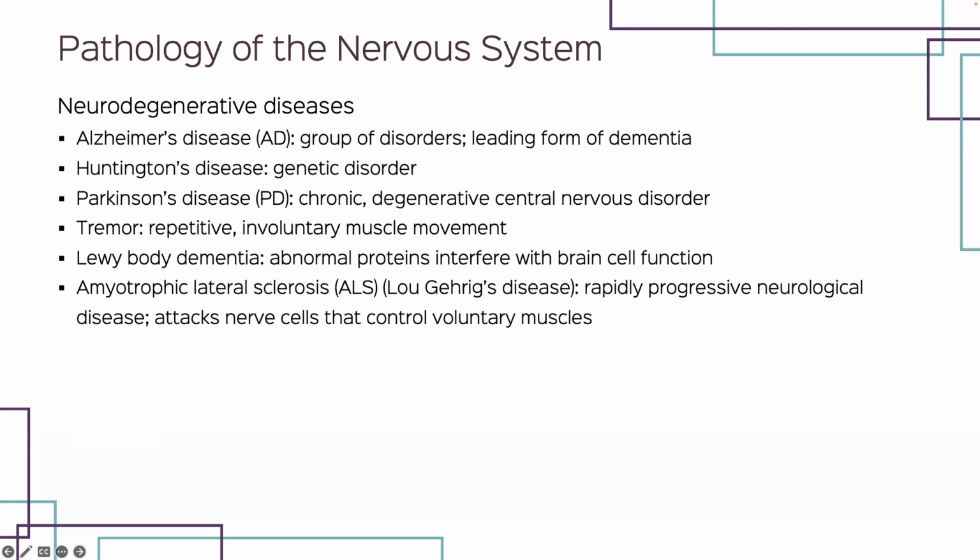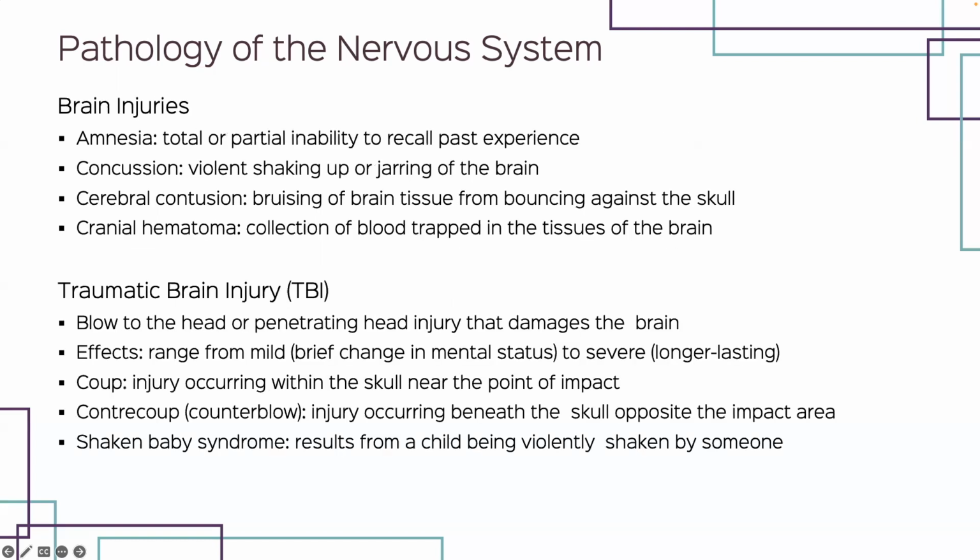Lewy body dementia is where abnormal proteins interfere with brain cell function. And then amyotrophic lateral sclerosis, or ALS, also known as Lou Gehrig's disease, is a rapidly progressive neurological disease that controls voluntary muscles.